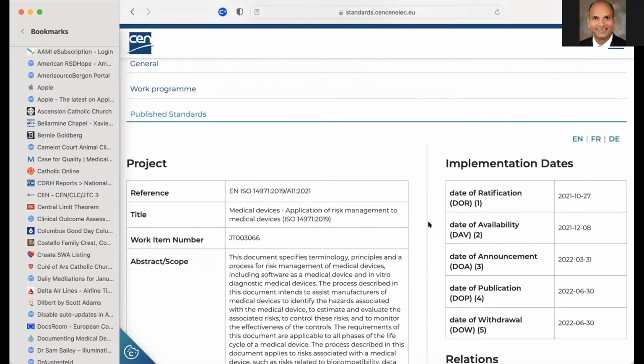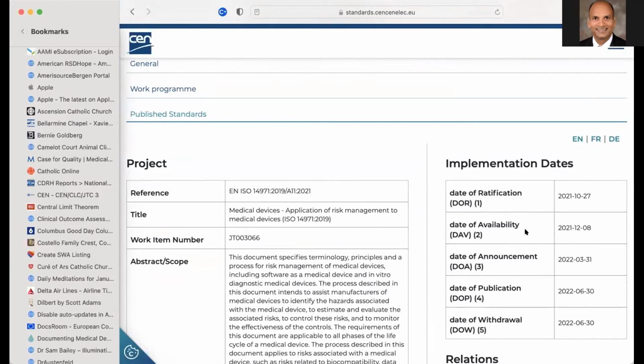What it talks about is the date of ratification and the date of availability. The availability was 12/8/2021. So last week, they made it available to the people that actually publish the standards, like DIN and ASPOR and BSI.